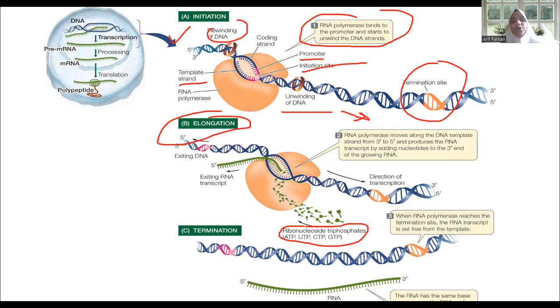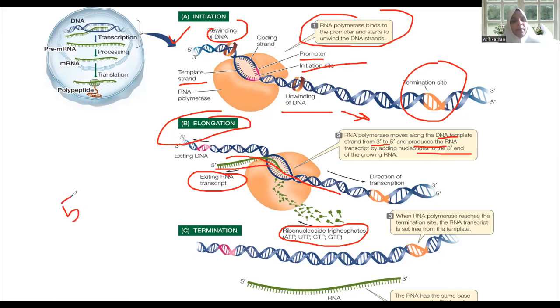Similarly, one nucleotide will come and make this mRNA, 5' to 3'. So this mRNA is getting made in this process. This bubble will move forward. The RNA polymerase will move as and when it is transcribing, along the DNA template strand from 3' to 5', and produce the RNA transcript by adding nucleotides to the 3' end.